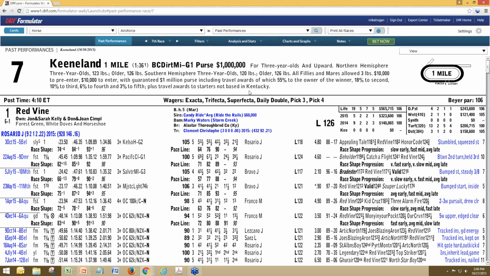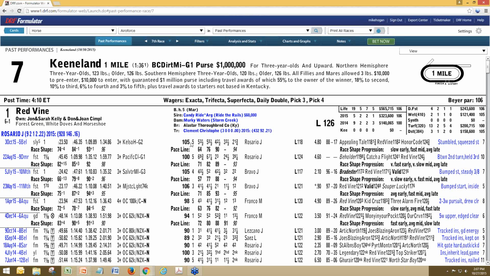So you'll see, we're looking at the dirt mile right now on my screen, and you'll see a horse like Redvine, whose last 6 races were on the dirt. You'll see Moss pace figures for each of those races, and then the prior races were on the turf, so you don't see the Moss pace lines. And on the left side, the race shape is showing how fast the leader and, at the final call, the winner went, and the plus or minus is, as Randy mentioned, the above or below the expected par for that day or for that pace.